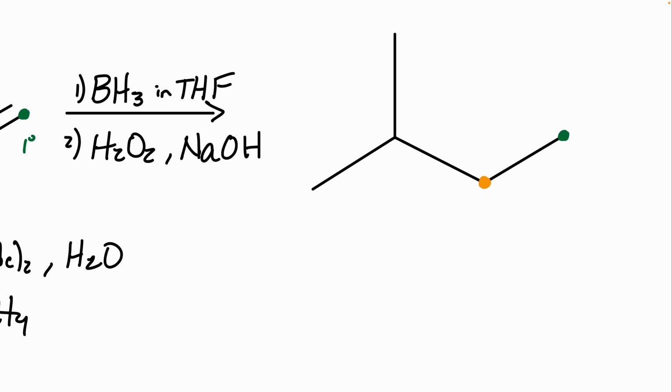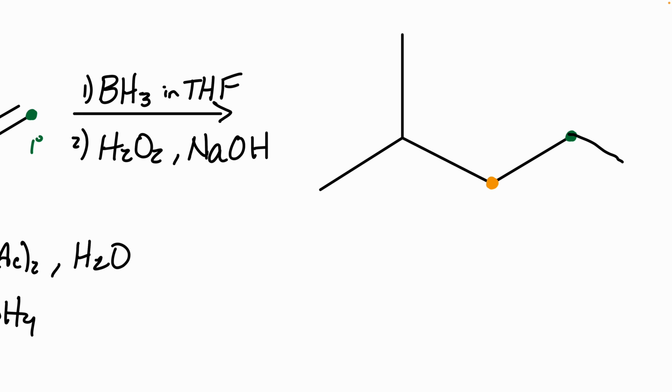All right, let's just put it in and convince ourselves. Why don't I have to worry about stereoselectivity here? Is this a chiral carbon? No. Is this a chiral carbon? No. So then I don't have to bother, all right?